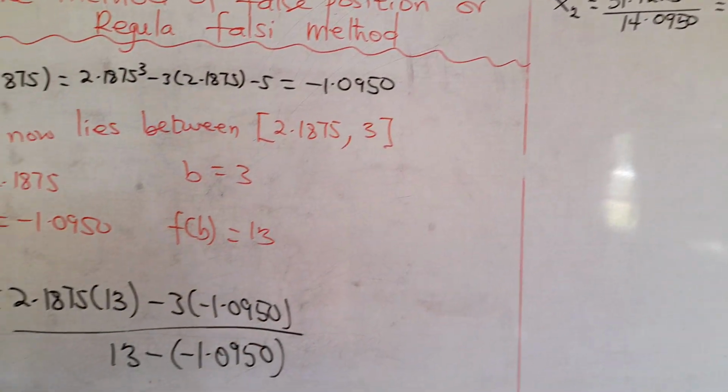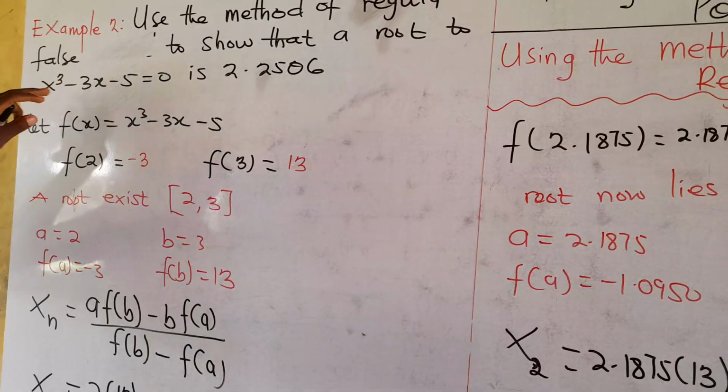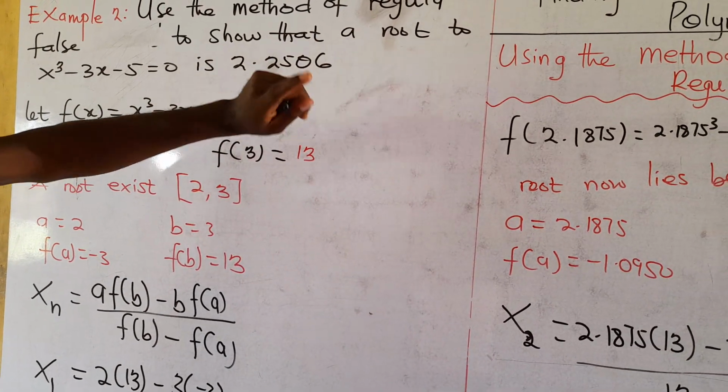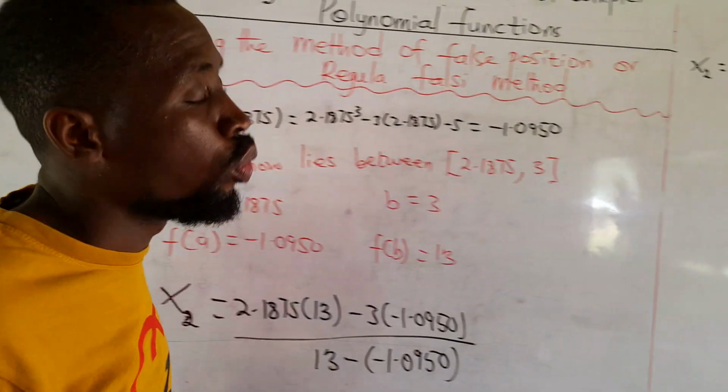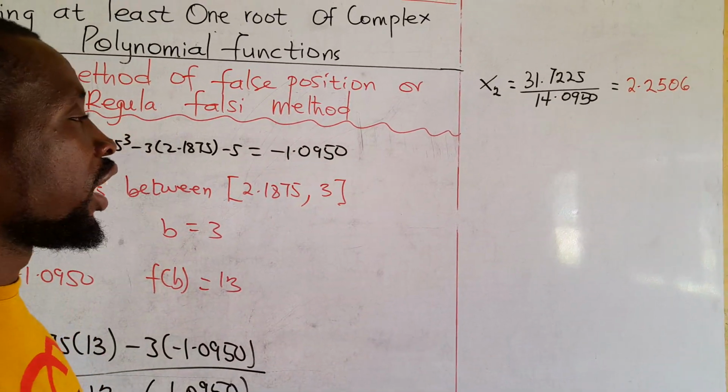We'll get 2.2506. Now let's check what the question says. The question says that we should show that a root is 2.2506. So you see that we have gotten our 2.2506. There is no need to continue finding any further approximation.